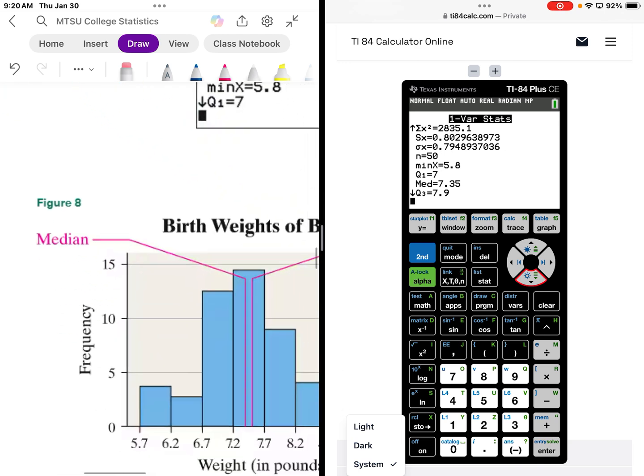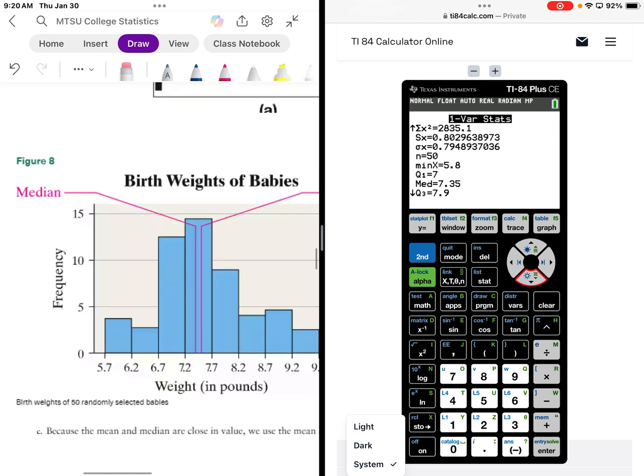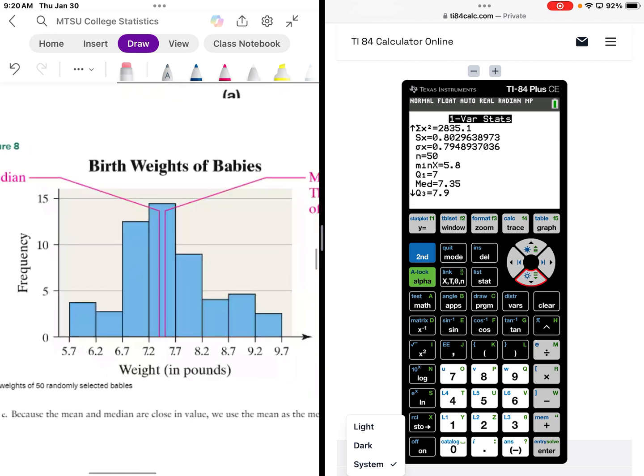And so it shouldn't surprise me that when I look at my graph, it is sort of symmetrical. Not perfect, but there's not enough skewness on the right-hand side. There's really not any major outliers. We get to learn later in this chapter how to test for something to be mathematically an outlier, not just by visual looks.